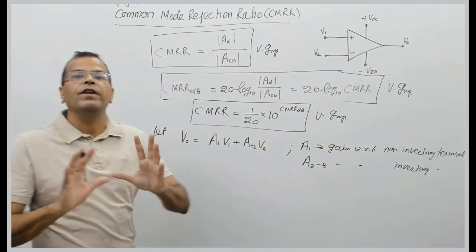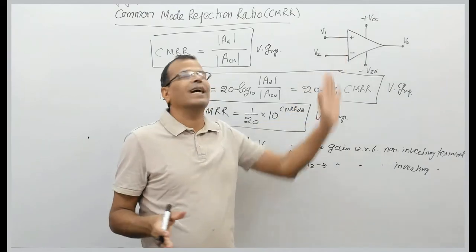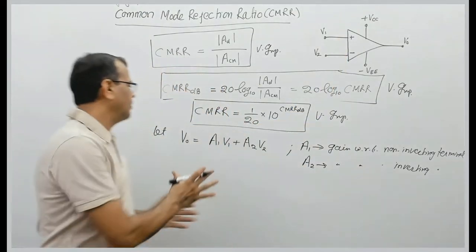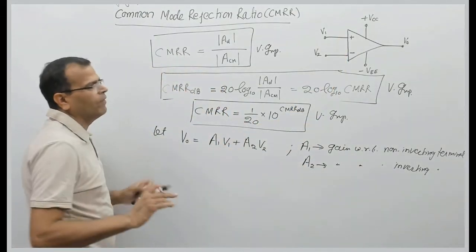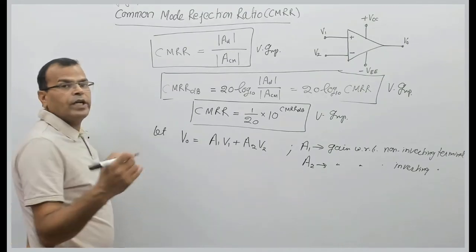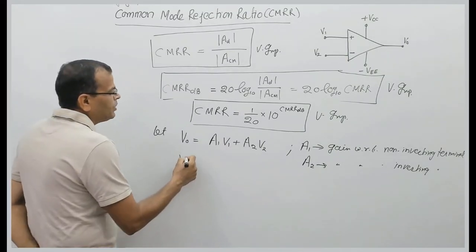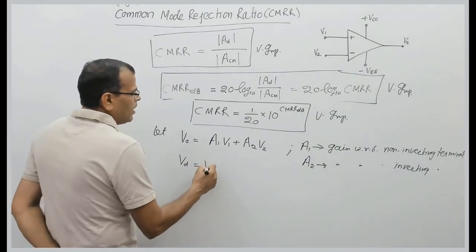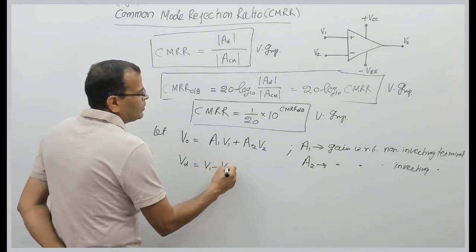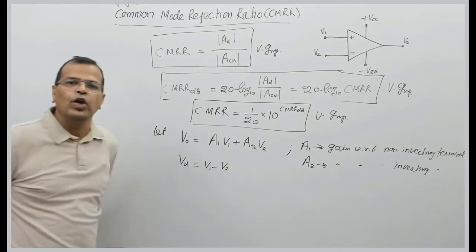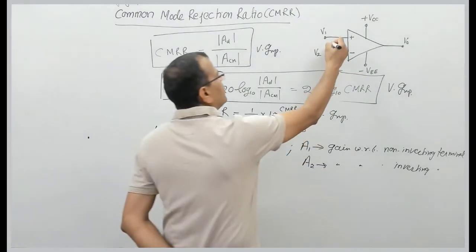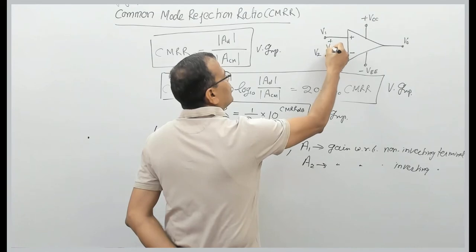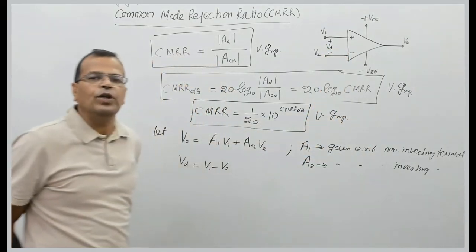So we have defined gains with respect to inverting as well as non-inverting terminals. But remember one thing, what is the differential voltage of op-amp? The differential voltage of op-amp is basically the difference of voltage V1 and V2. So this is the differential input voltage.